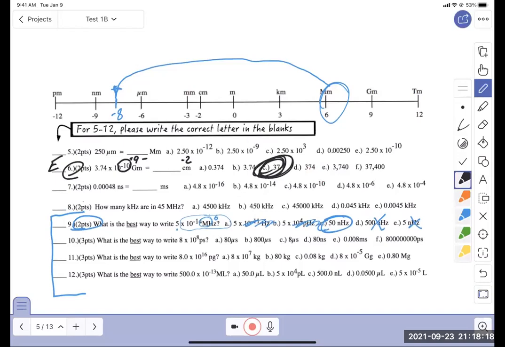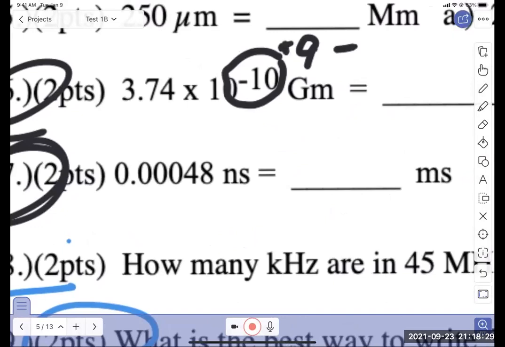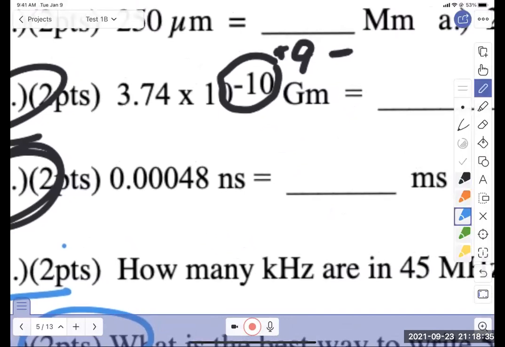Okay, just for that, let's do another one. All right, number 7. 7's weird. Blow that up a little bit. So on 7, we have 10 to the first, second, third, fourth. -4 goes above that. I think on my own test, I'd probably get a B. Nanoseconds is -9.